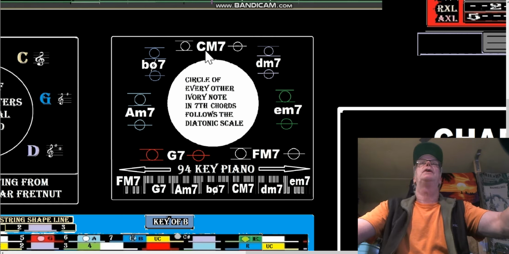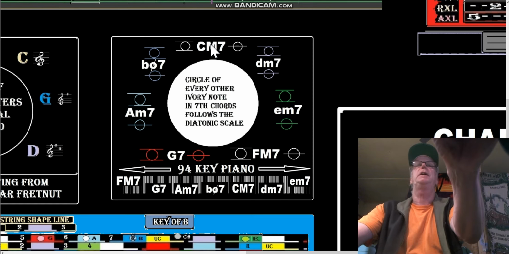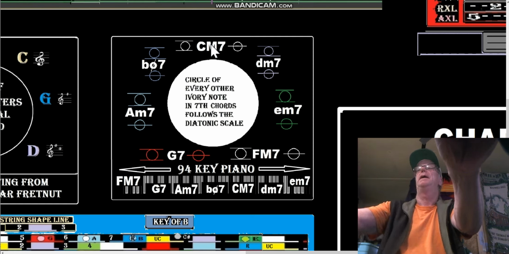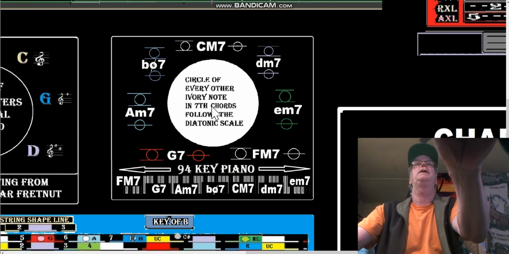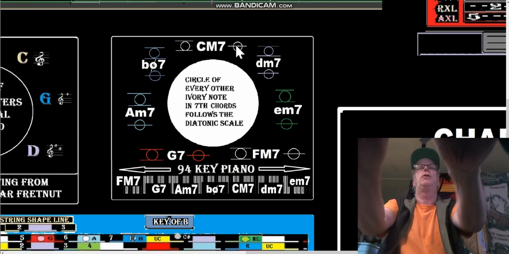So you could start on C major 7th on middle C, play a C major 7th, and then a D minor 7th, and then an E minor 7th, and you've played all of the same note polarities of middle C, which is a line through note. So these are all the line through notes.